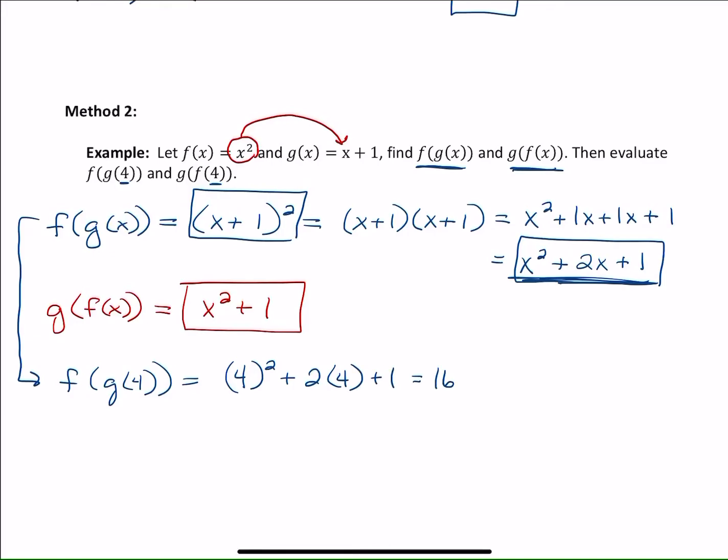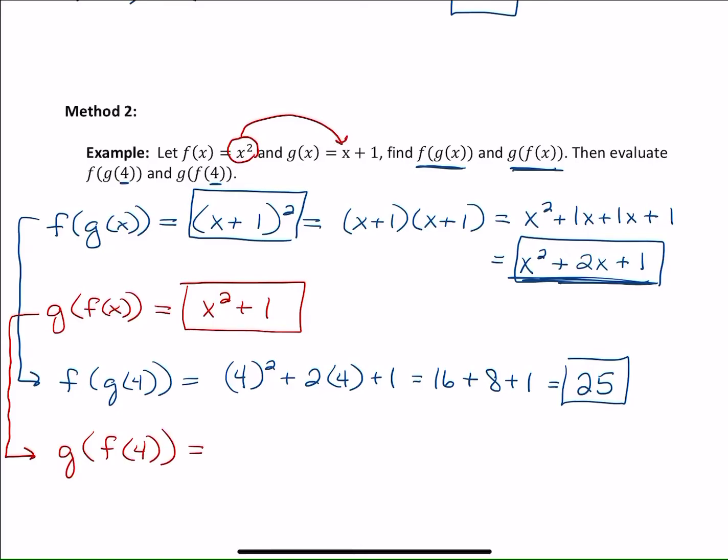So 16 plus 8 plus 1 will give me 25. So f of g of 4 equals 25. And then if I want to find g of f of 4, you're going to use that equation, the x squared plus 1. So I'm going to have 4 squared plus 1, which is 16 plus 1. So that final answer is 17.